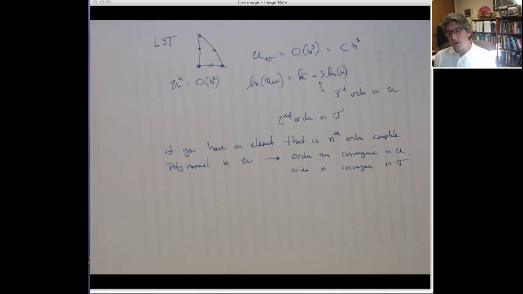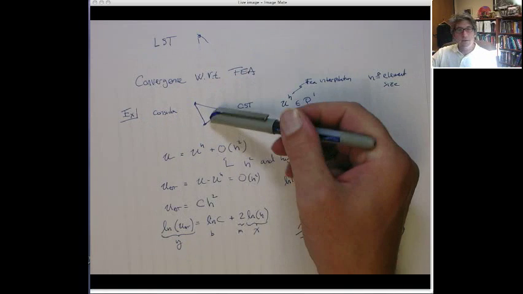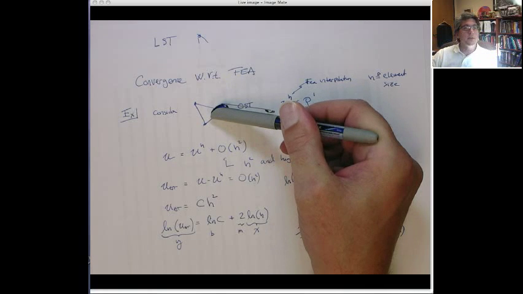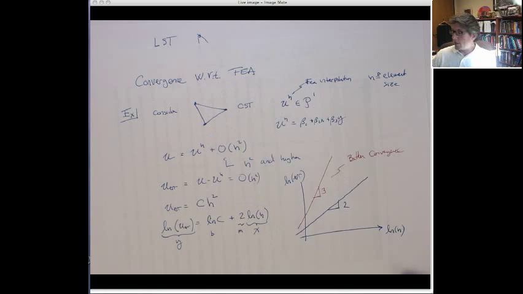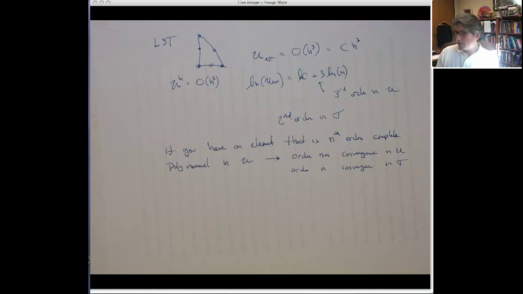So, right, constant strain triangle is linear. It's a linearly complete approximation for U. So that's n is equal to 1. So here, the convergence in U is going to be 2, and the convergence in stress is going to be 1, or first order. All right.